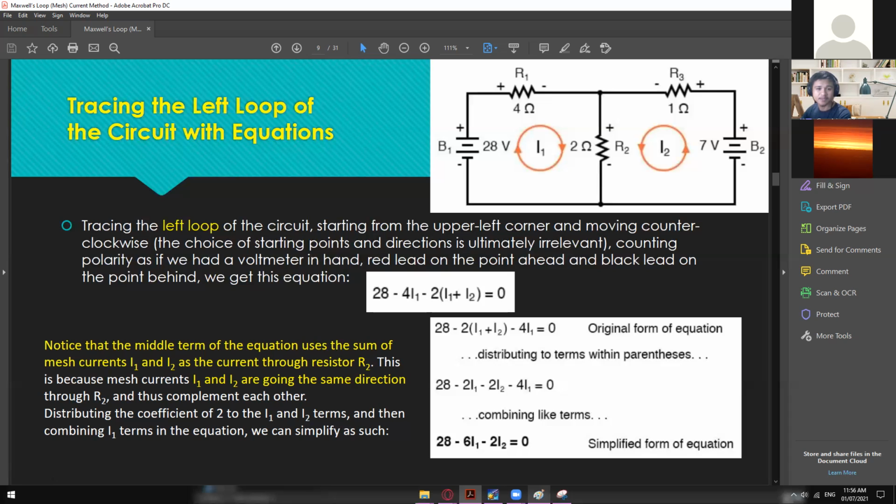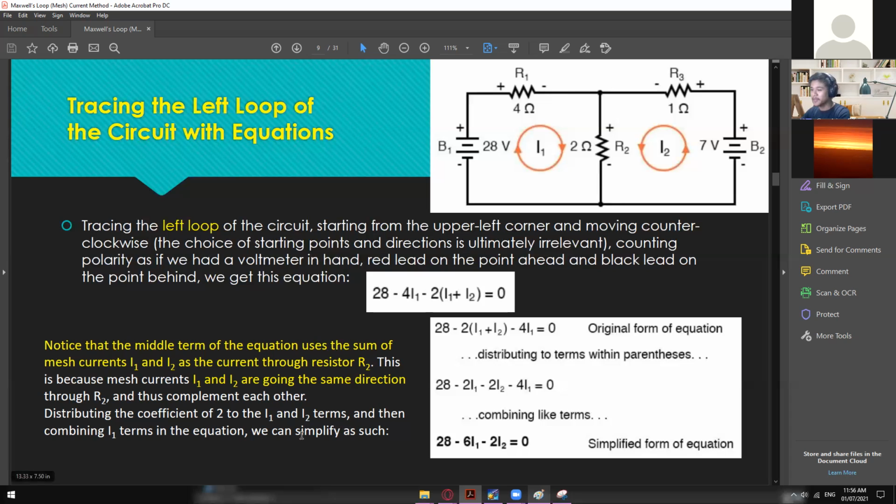Someone is asking, I think this is Mr. Isagani: sir, if there are 3 meshes, will it be R times I1 plus I2 plus I3?